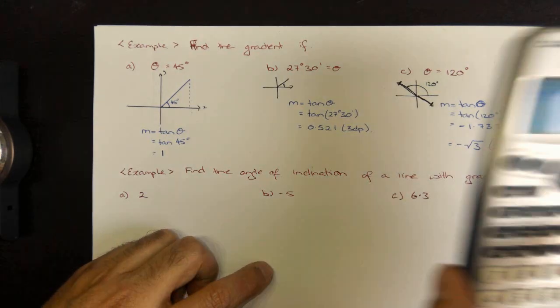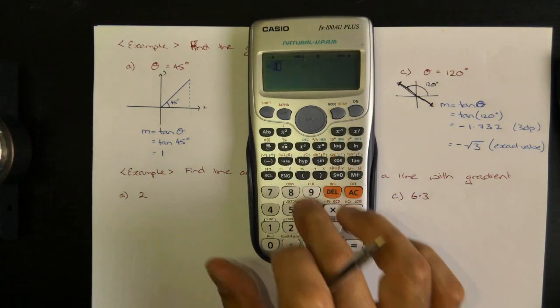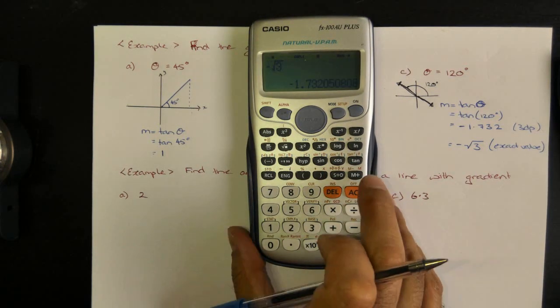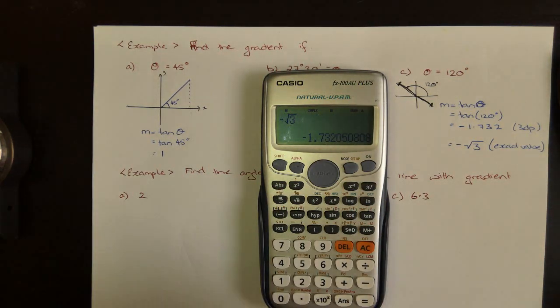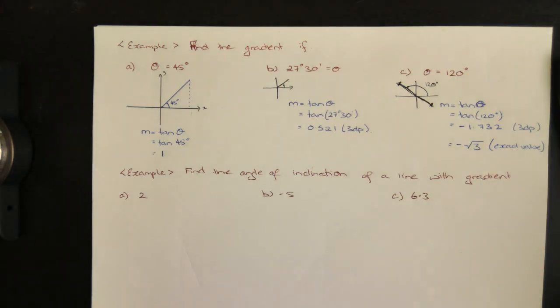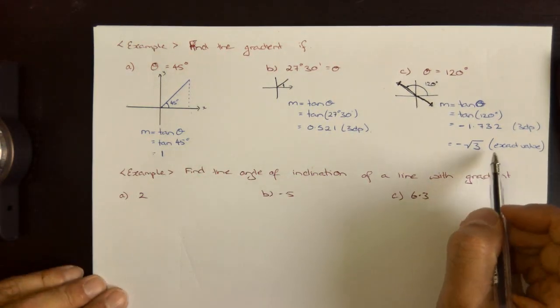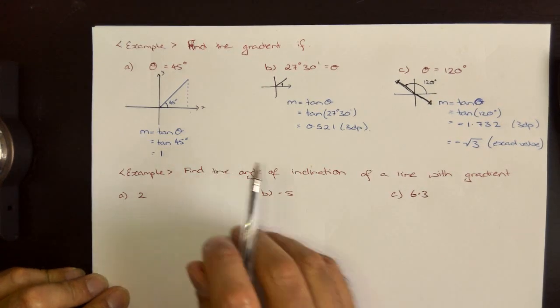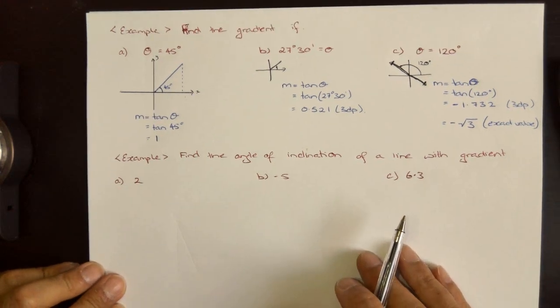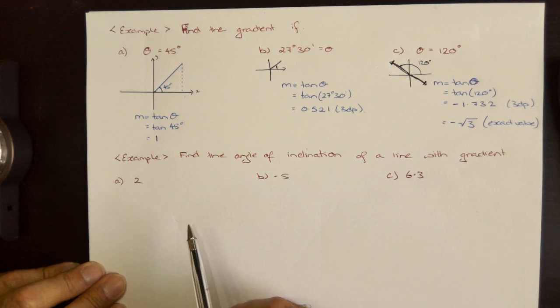If you plug negative root 3 into our calculator, we get the same number. So using negative root 3 is our exact value. You can only do this if you know about the exact triangles in trigonometry. Otherwise, just be happy to use this formula.